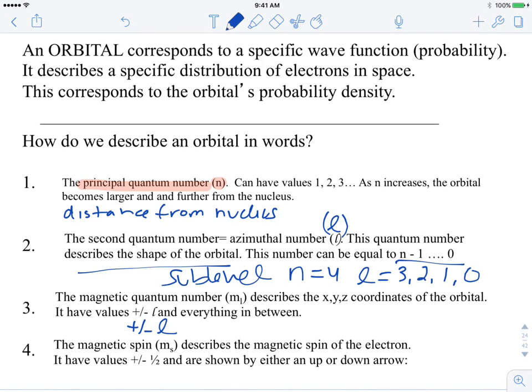So if I gave you an l from above here of 3, your m_l is equal to -3, -2, -1, 0, 1, 2, 3. What this tells me is how many orbitals there are, how many different regions of space where I could find an electron.